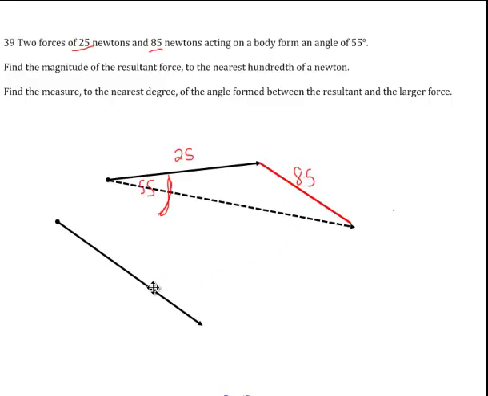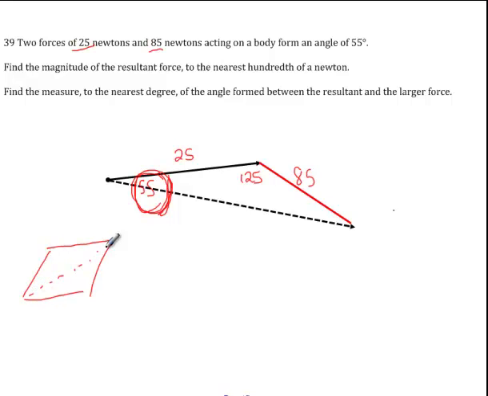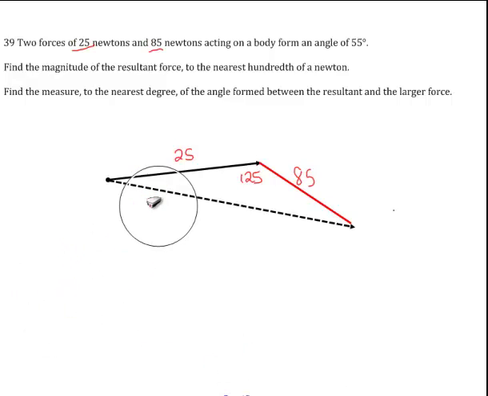We can get rid of this now. But we have a little bit of a problem. This is 55. This is going to be 125. Remember, these angles are supplementary because basically we were forming a parallelogram, and in a parallelogram, consecutive angles are supplementary. That's the trick to forces.